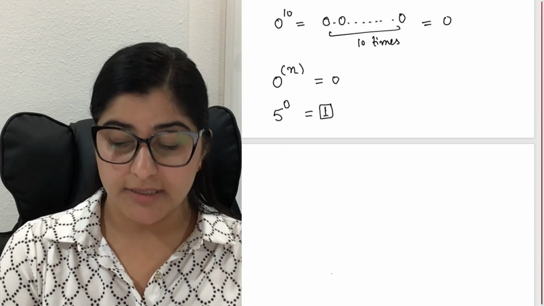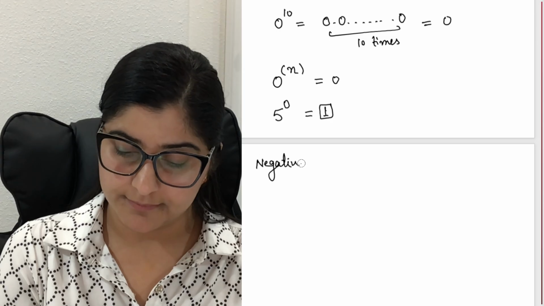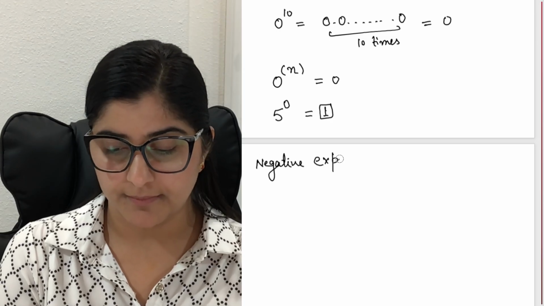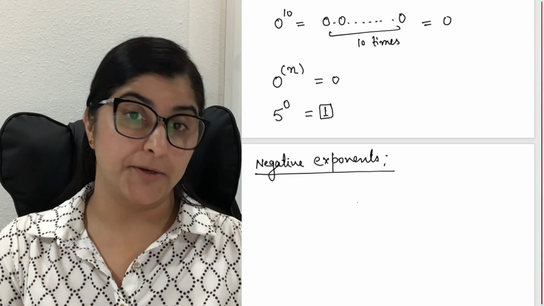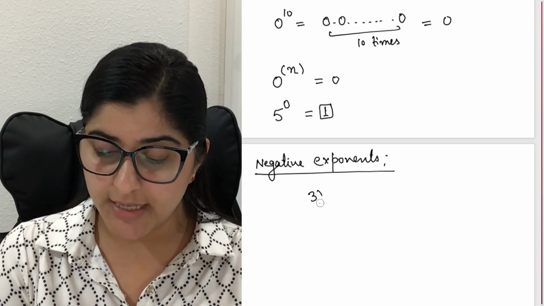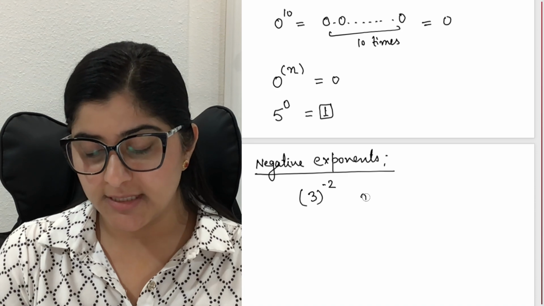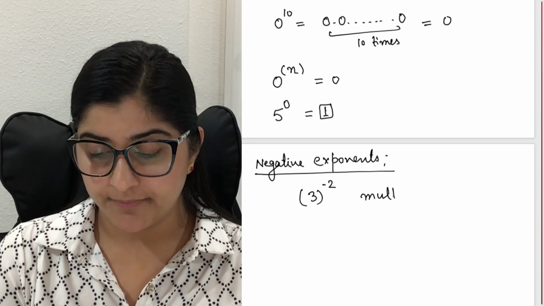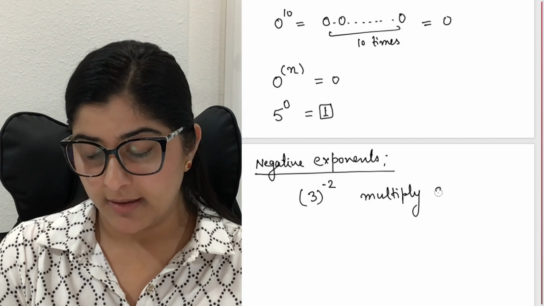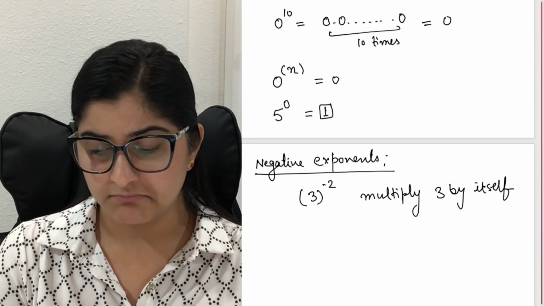Now let's talk about the negative exponents. Exponents mean repeated multiplication. If you have 3 to the power minus 2, what does that mean? That means multiply 3 by itself repeatedly, the base 3 by itself. How many times?